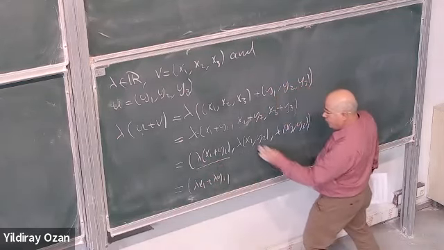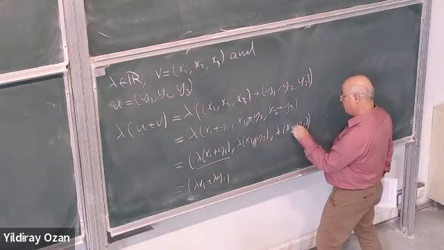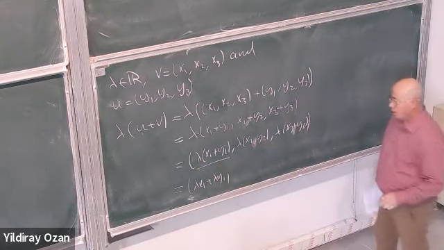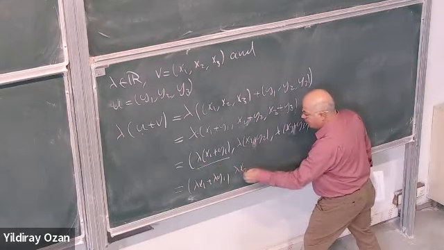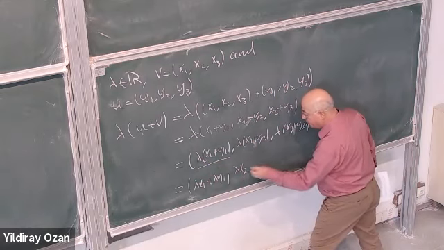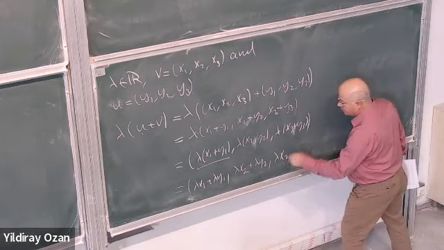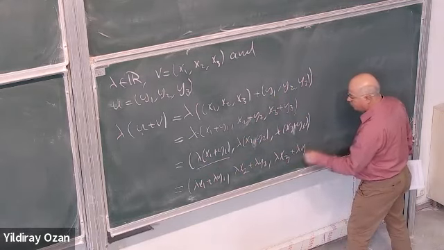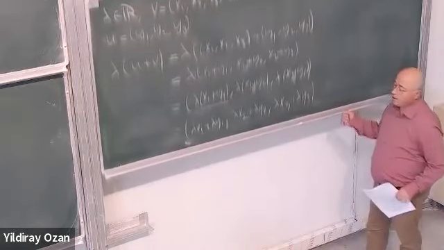Similarly with this one, I had plus here. Now, this is lambda times x2 plus lambda times y2, and this is lambda times x3 plus lambda times y3.